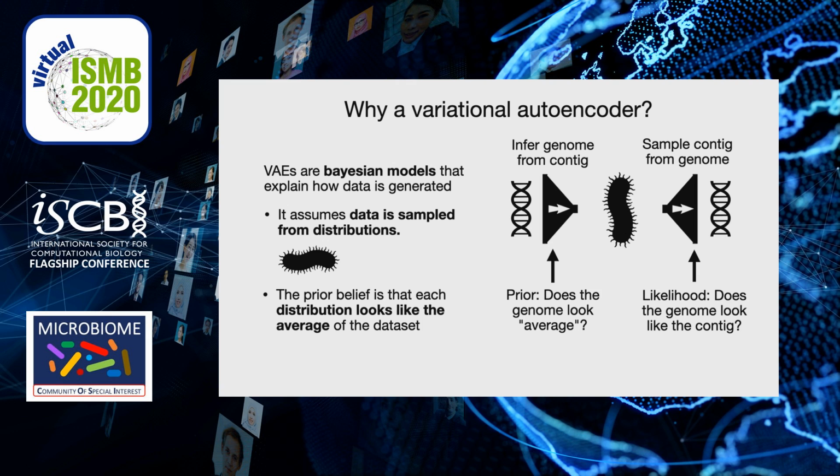Here we can calculate the likelihood. Does the sampled contig look like the genome it originated from? When we train our variational autoencoder, we train it to optimize the posterior. That's the product of the prior and the likelihood. In this way, we infer genomes that actually look like our contig, and we don't infer too many too specific genomes.